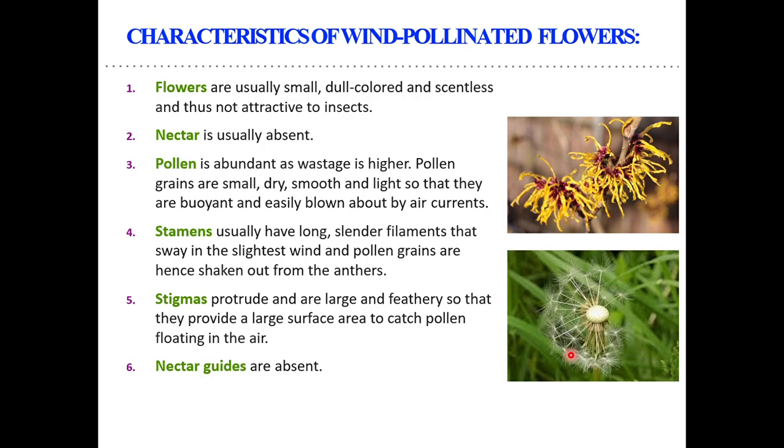The stigmas protrude and are large and feathery so that they provide a large surface area to catch the pollen floating in the air. And nectar guides are absent in the flowers. See how this is a dandelion. It is very feathery, easier for wind pollination.